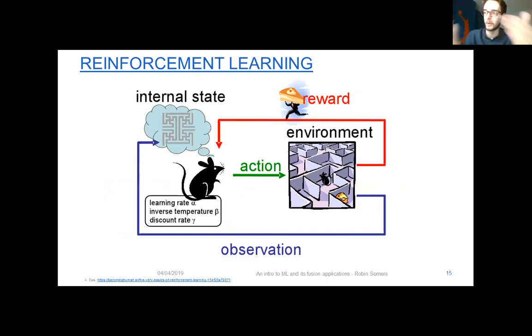So we reward agents for doing good actions, and we punish them for doing bad actions. And in the end, if you leave them long enough, like with the mouse, they will figure out the way of getting out of the labyrinth. And this is what reinforcement learning can also do.